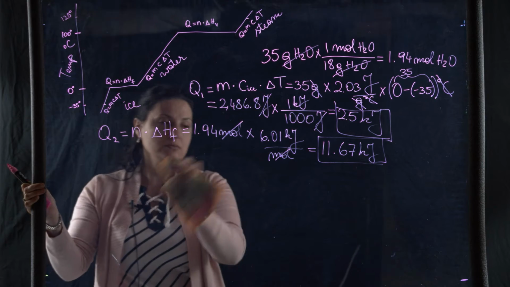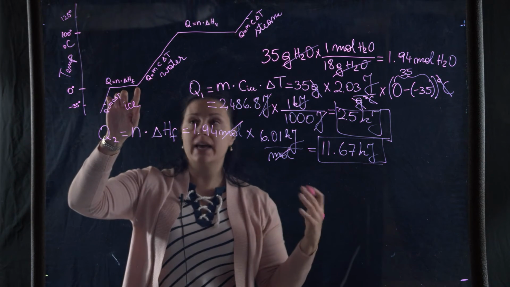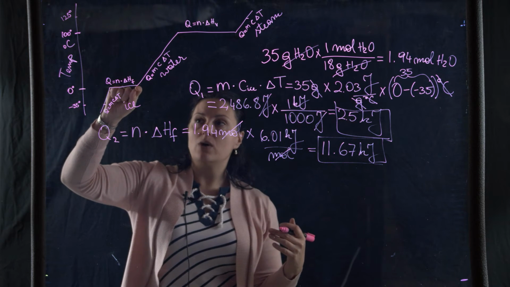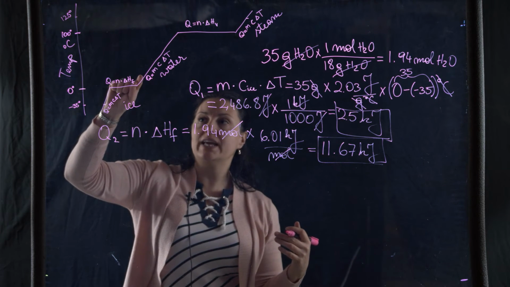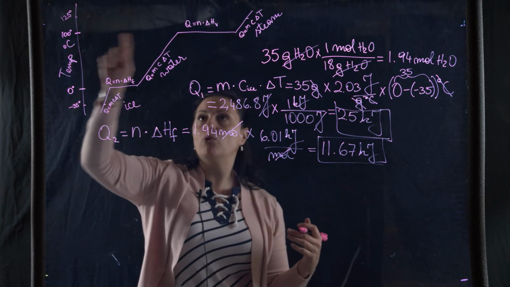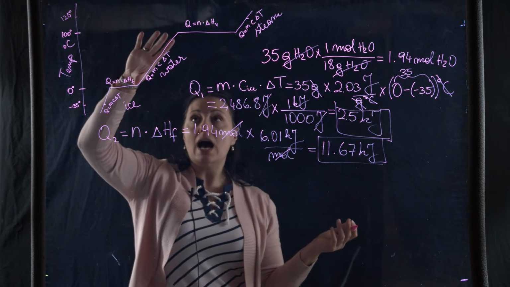So what I can do, though, if I increase the energy that I'm dumping into the system, I take this water from 0 degrees from this point, and I increase its temperature until I hit this point, which is the boiling point of water, 100 degrees Celsius. I can do that.